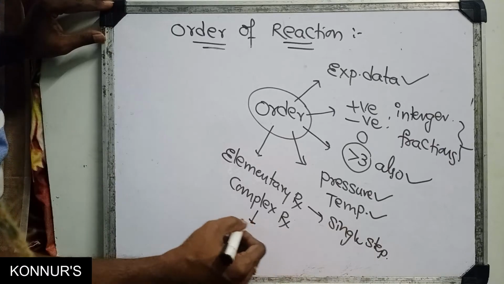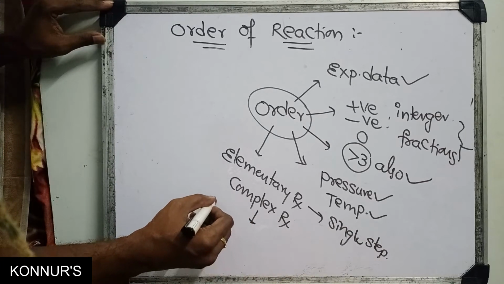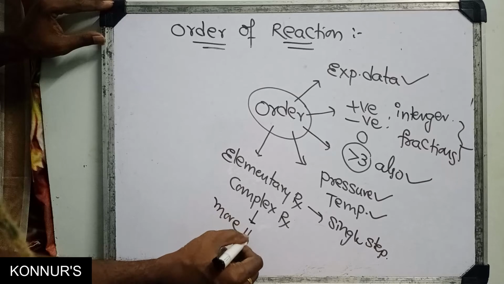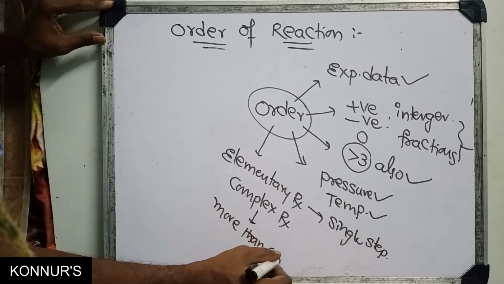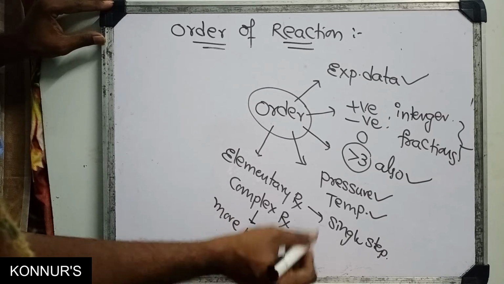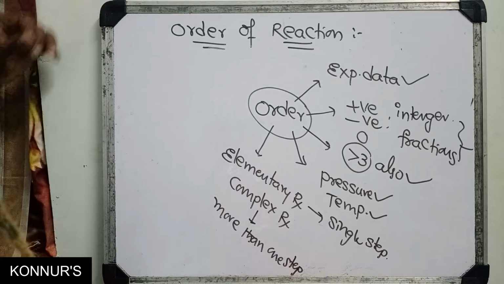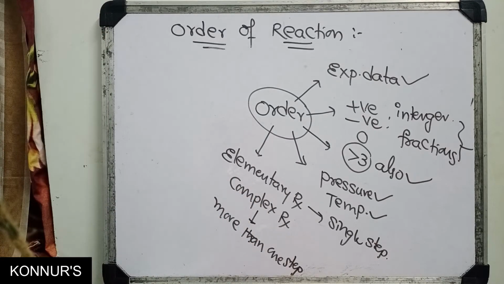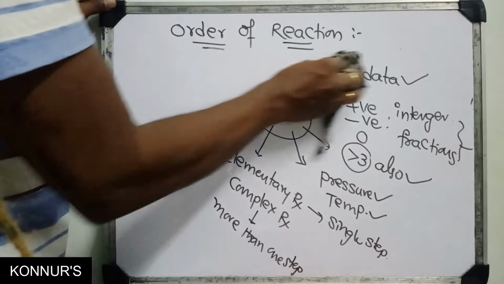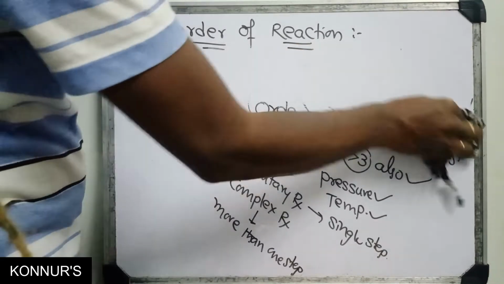If any reaction is completed in more than one step, it is called a complex reaction. So this is order. Next, based on the order, we will also see the rate constants.